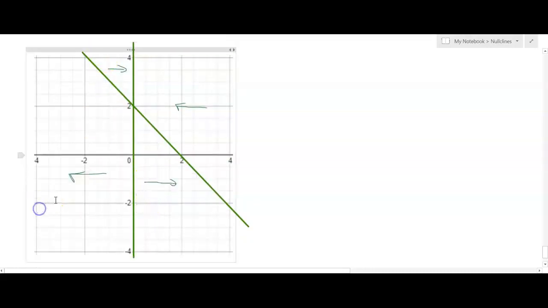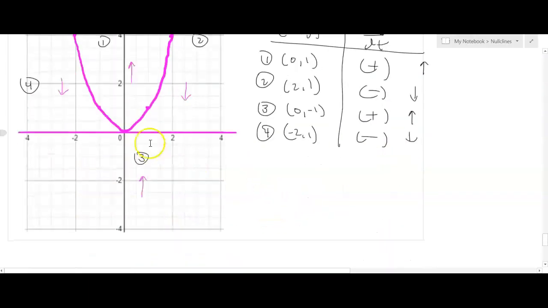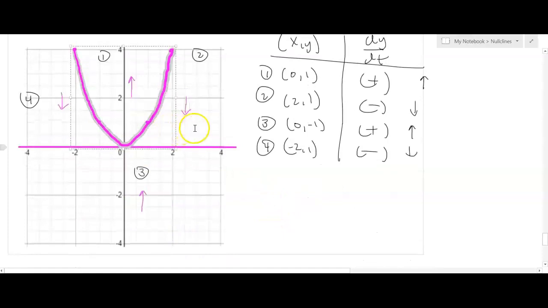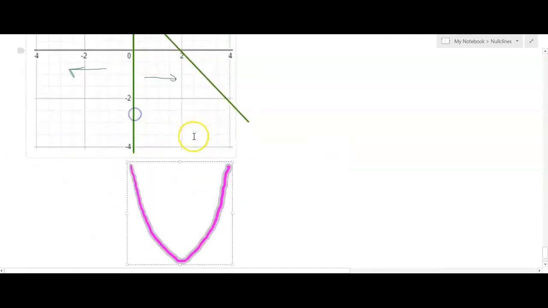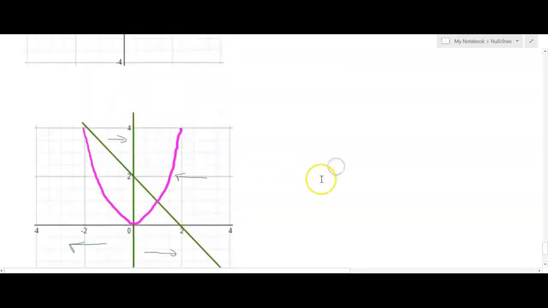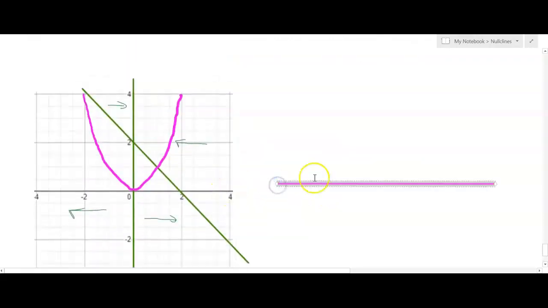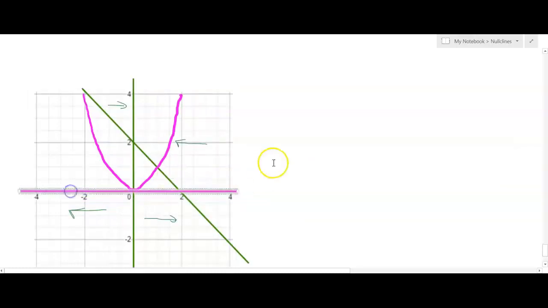So I encourage you in these notes to draw the x nullclines on top of the y nullcline graph. I'm going to reproduce this component here, and also this component down here, like so. Now all I have to do is transfer all of my green vectors across those different regions of that pink line.